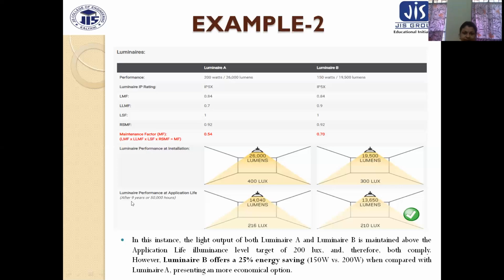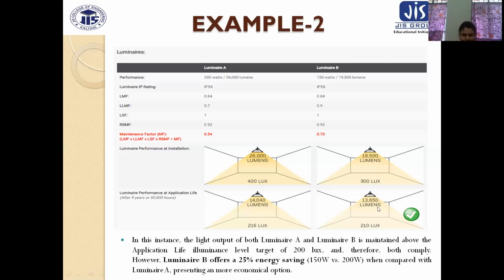But after 9 years, the luminous flux for luminaire A will be 14,040 lumens, and the illumination equals 216 lux.